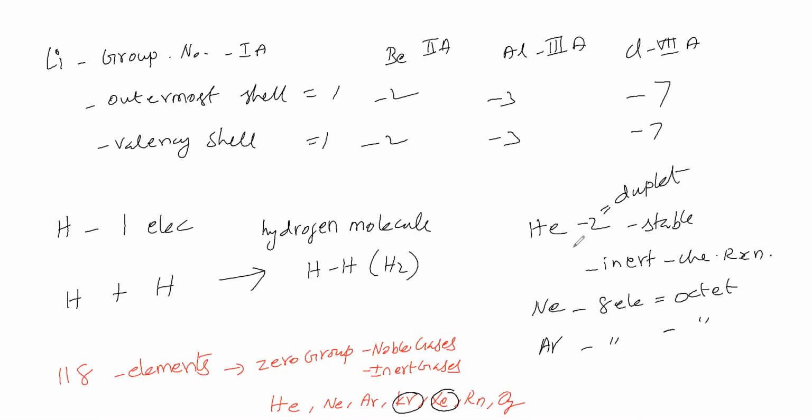In order to get a stable configuration, they go for chemical reaction, meaning they are forming bonds. What types of bonds are there? Ionic bonds, covalent bonds, dative bonds, coordinate covalent bonds, metallic bonds, like this many are there. Now we will take covalent bonds, that means covalent molecules. We are taking covalent molecules.